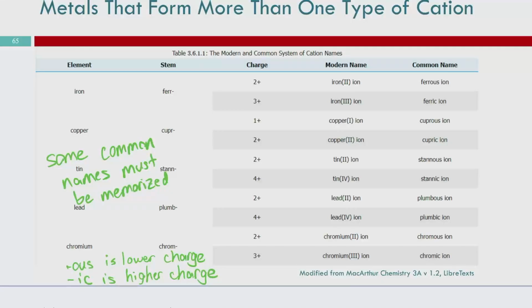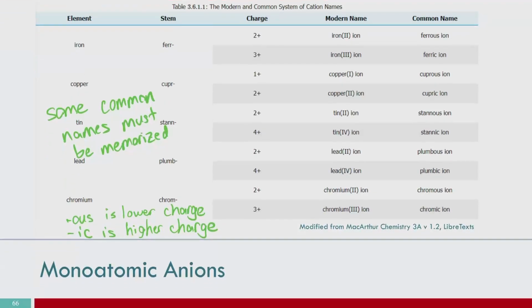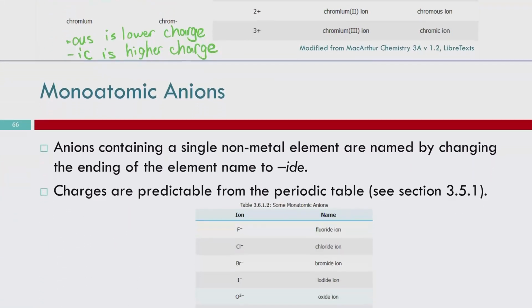And we don't have enough common names to be able to name some of those. Chromium also, I know for a fact, does chromium 6. That's an option, but we don't have a perchromic ion, as far as I'm aware. So that's another reason why this modern nomenclature is nice. It's also just easier, generally.